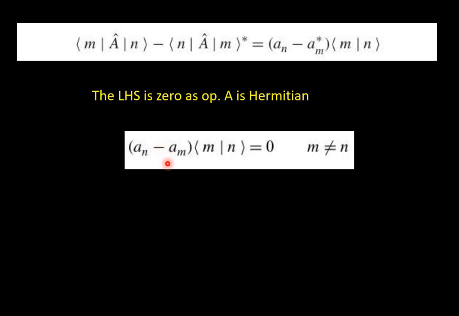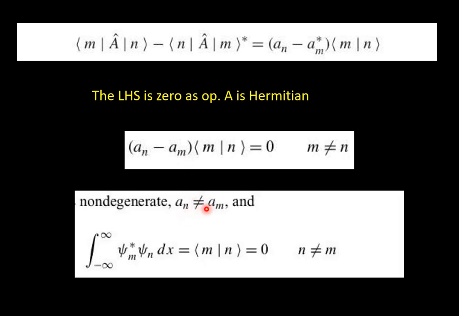But if they are not same, that means m not equal to n, and not only that, An is not equal to Am, that means the states are different and their eigenvalues are also different, non-degenerate case. In that case, this part is not equal to 0, then obviously this part is 0 to make the product 0. So mn is 0.